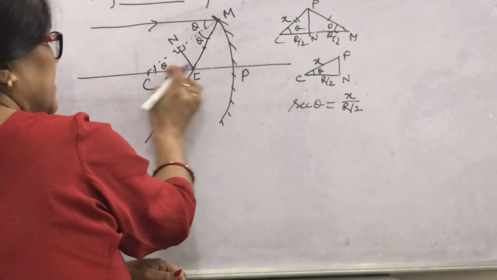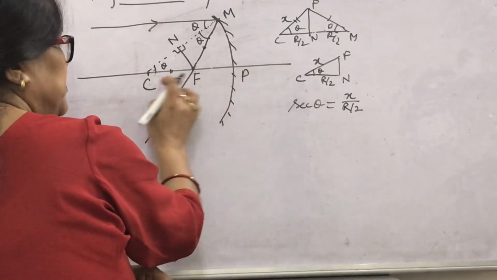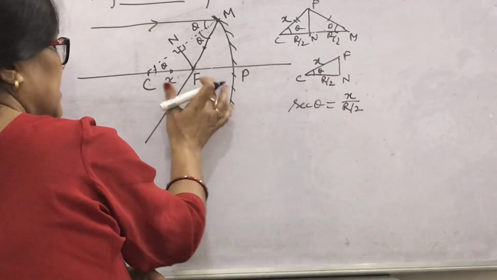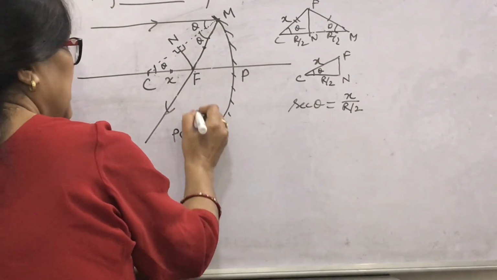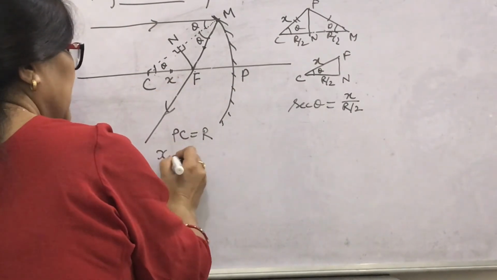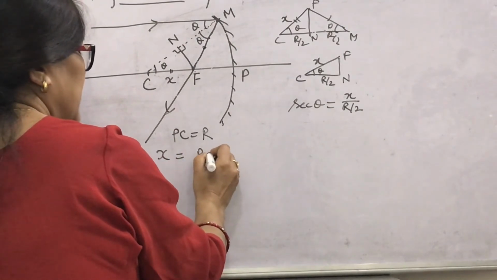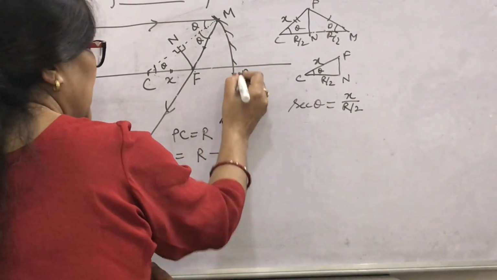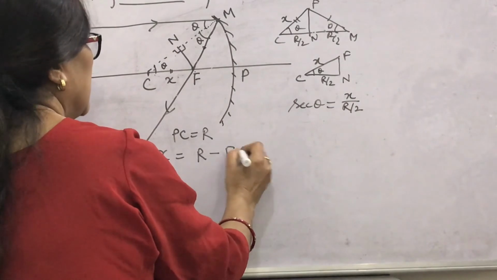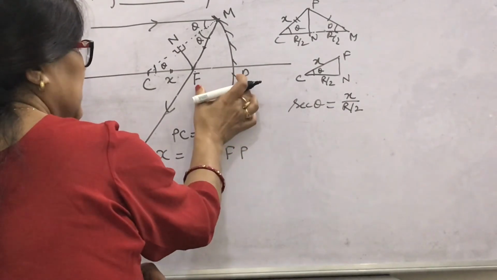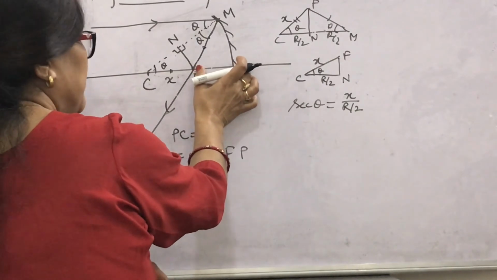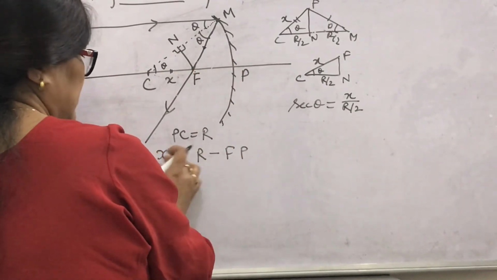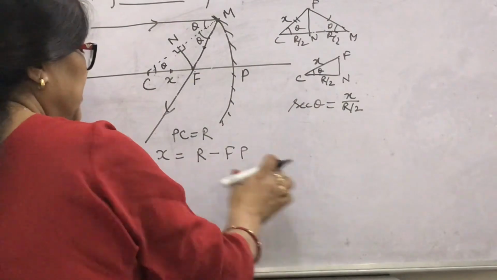If you write that what is PC, this is also R, then you will write here this PC equal to R. Therefore, what will be X? X will be R minus this FP. Okay. If you write what is FP, you see here that this FP in terms of X, how can you write?